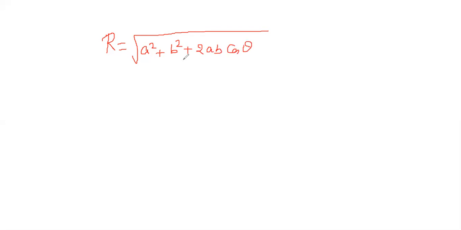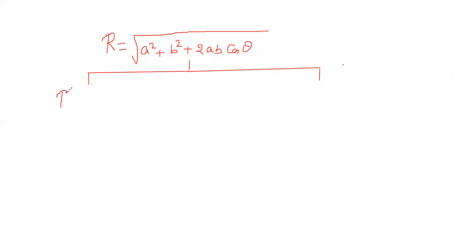All the things depend upon the value of theta. So here are two conditions: first for the maximum value of the resultant, and the second for the minimum value. One by one I will discuss both points.